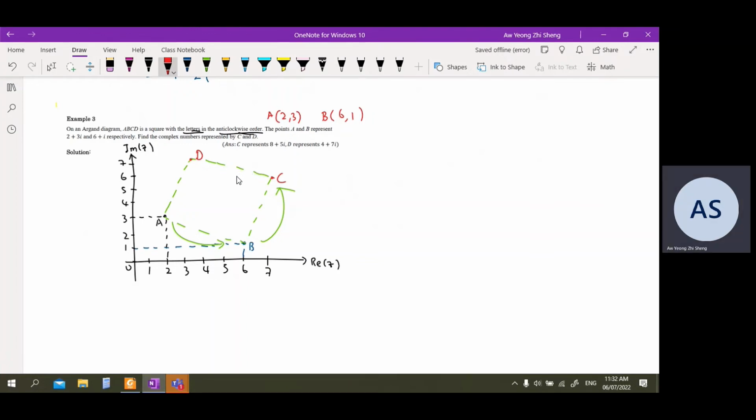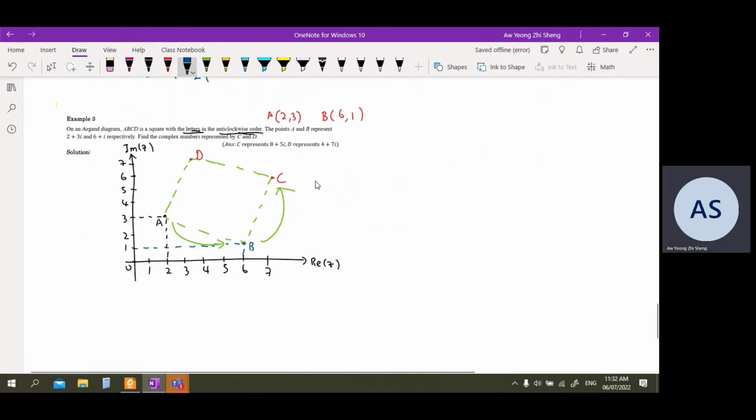However, the problem here is the information that we have is not too much. We only have point A and point B, and we can use them to find the length of AB and also the gradient of AB. That's all that we have.